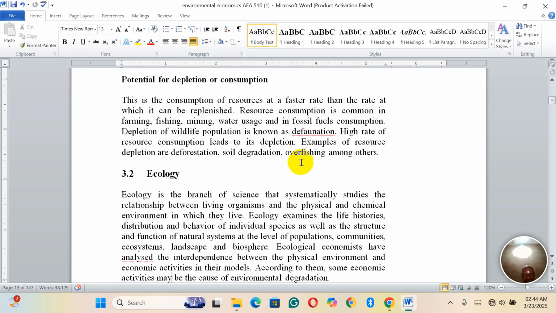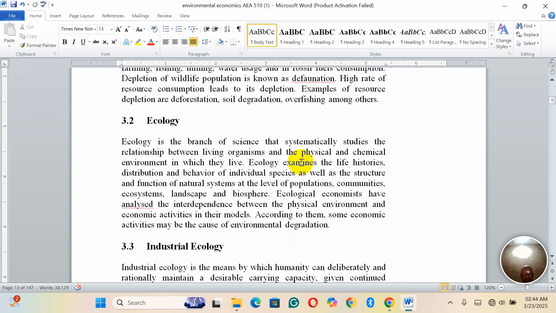So we're looking at ecology. Ecology is a branch of science that systematically studies the relationship between living organisms and the physical and chemical environment in which they live. So ecology examines the life histories, distribution, and behavior of individuals and species, as well as the structure and functions of natural systems at the level of populations, communities, ecosystems, landscape, and biosphere.